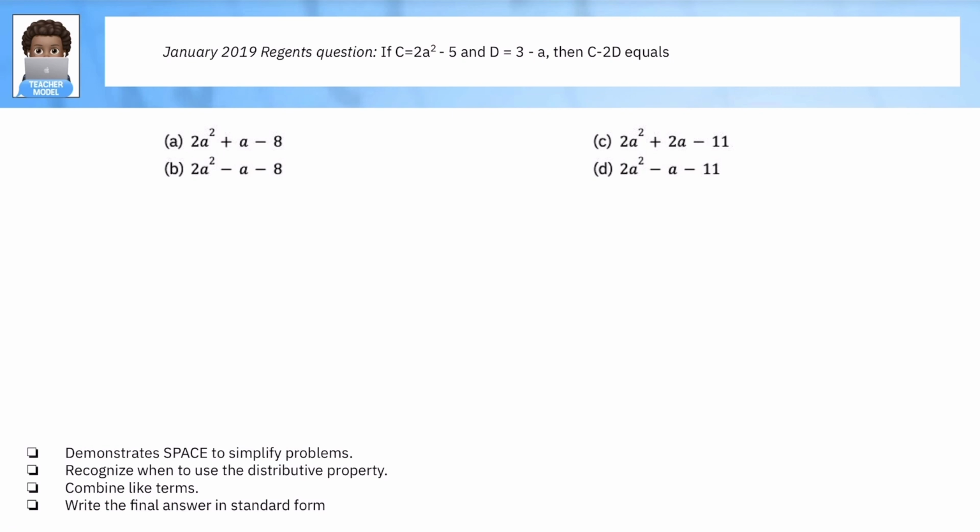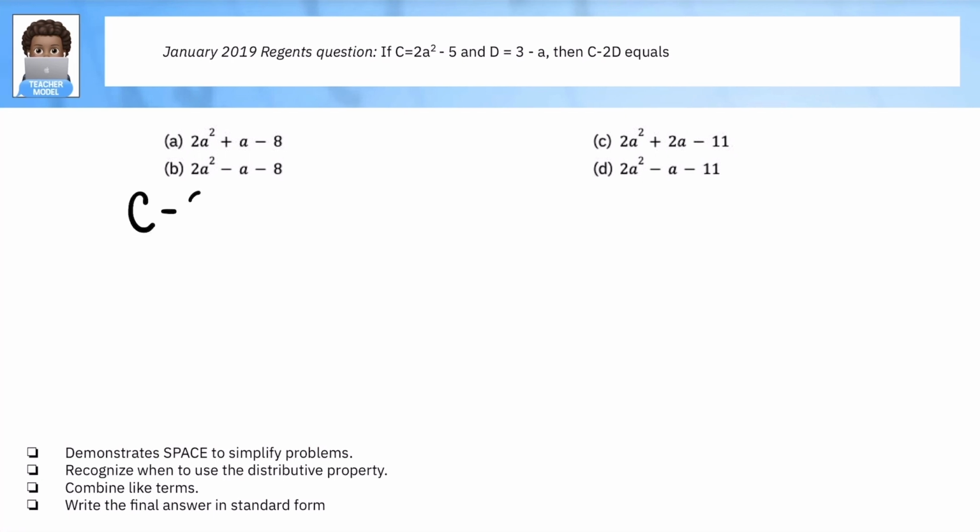So now using that, we're going to look at a Regents question from January 2019. If C is equal to 2a squared minus 5 and D is equal to 3 minus a, then C minus 2D equals. So I don't like to look at the multiple choice options when I'm working through a problem. So I'm going to just start by putting our beginning part.